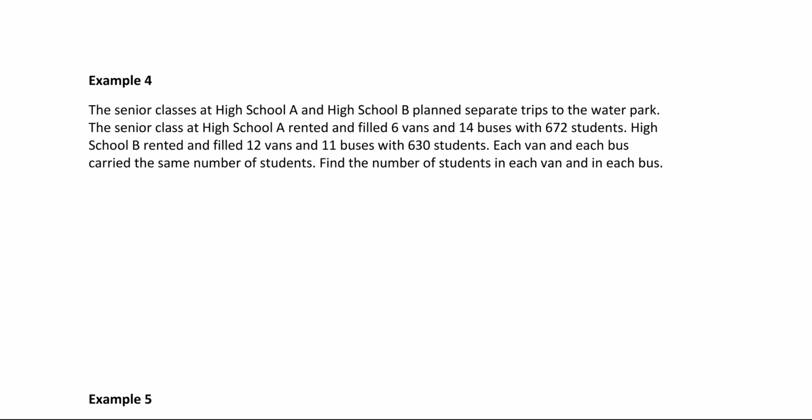So we have 2 types of things that we're looking for. We need to know how many students in each van. So I'm going to do V for van and B for bus. So high school A here had 7 vans and 14 buses, and we're assuming they filled them all the way up.